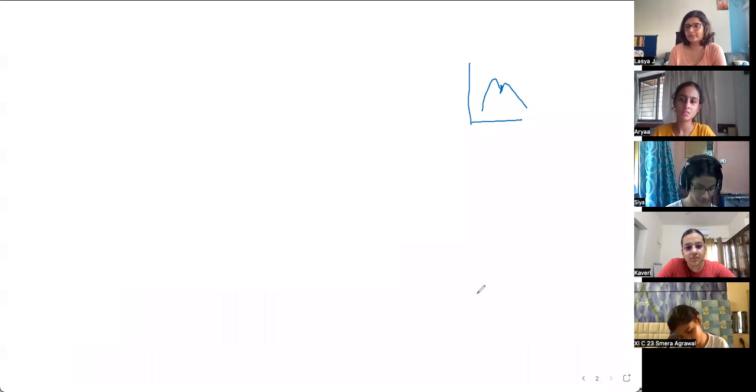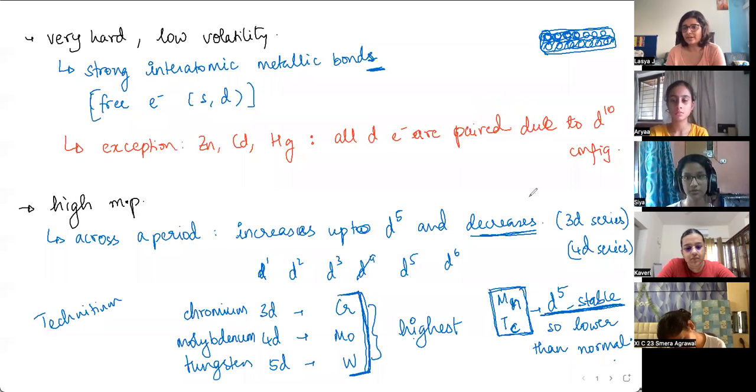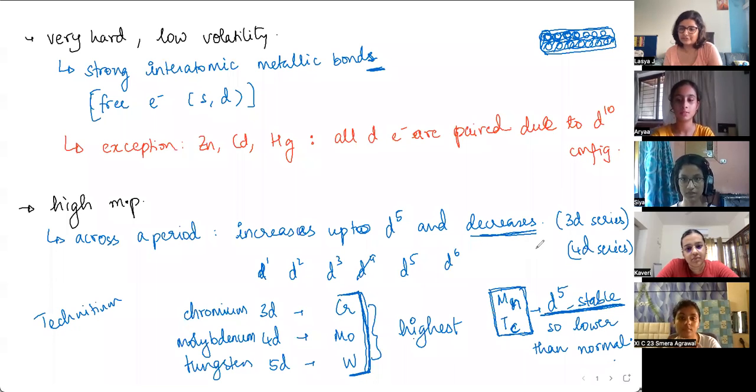Ma'am, but you had said that across a period it increases up to manganese and then decreases. That's why I corrected it after that. I realized my mistake: it increases up to before manganese. So chromium is the highest, and from there there's that dip. Because d5 is manganese, right?